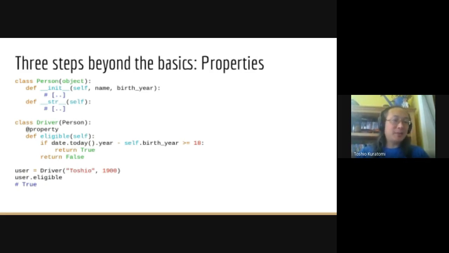So here I've renamed the function from isEligible to just eligible, and I've marked it with the property decorator. And now when I use user.eligible, looking like an attribute, just instance dot and then attribute name, it's going to run that function and return true or false based on whether it's true or false right now.